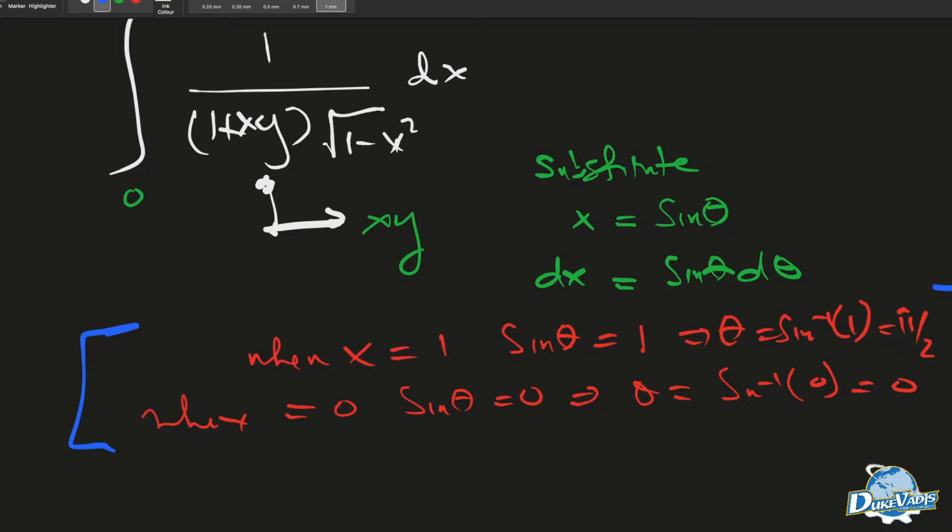Now, we made the assumption that x is equal to sine theta.